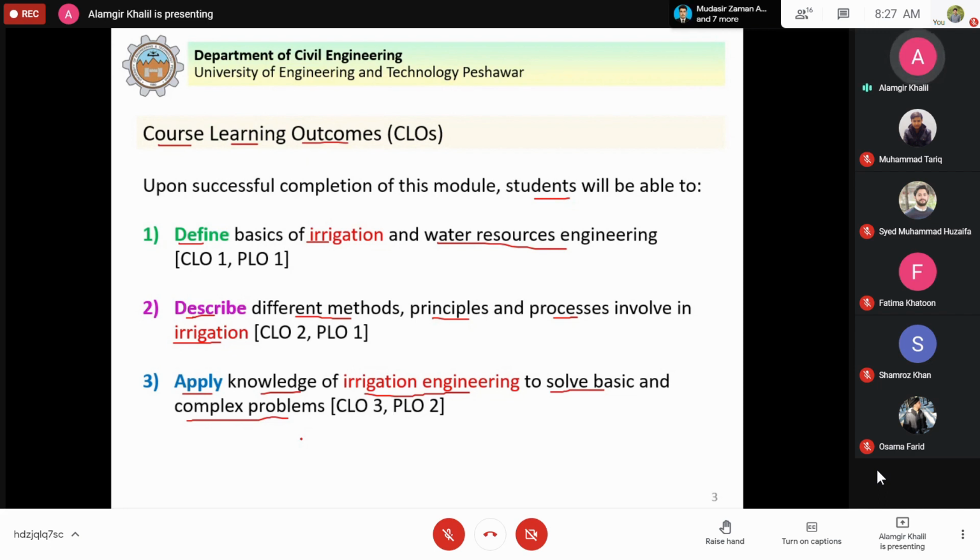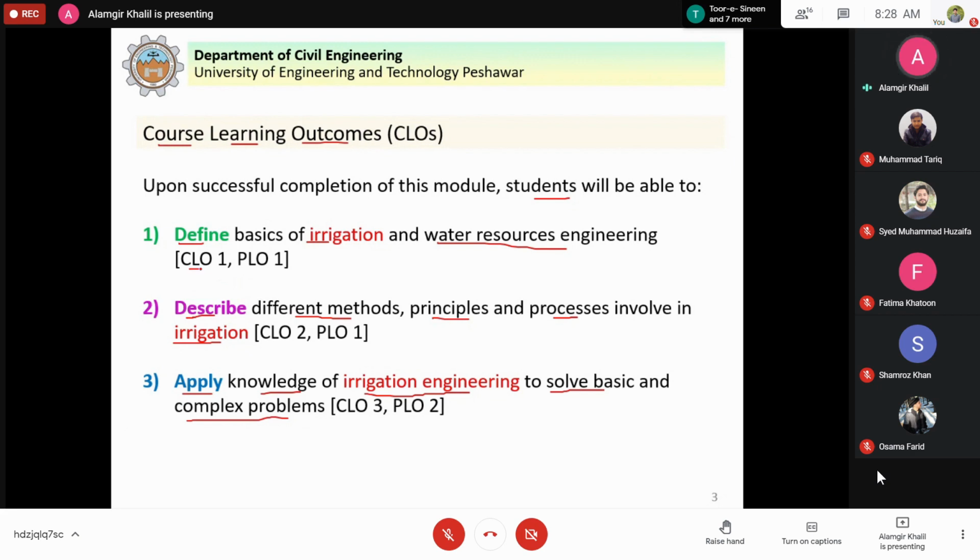And then how to carry that water to the irrigation project to meet the crop water requirements, and the infrastructure needed for successful operation of that irrigation project. So these are the CLOs, the course learning outcomes that we should be able to achieve after completion of this course.